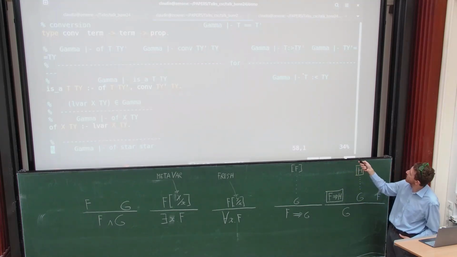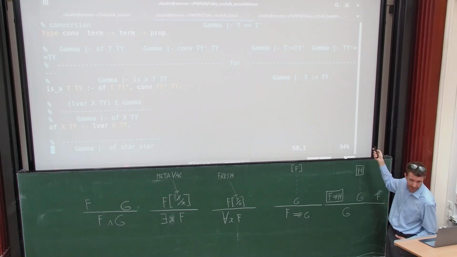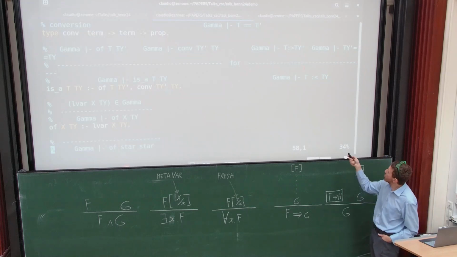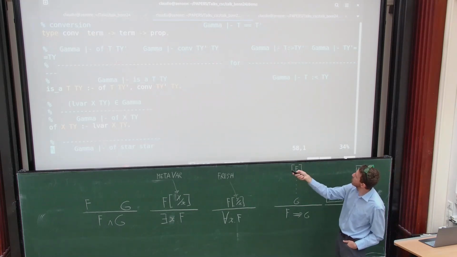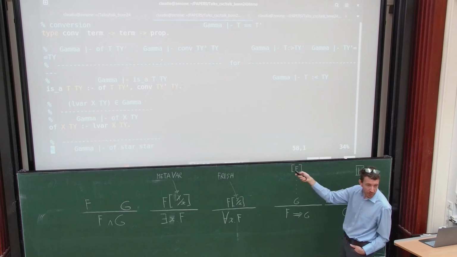To check that t has type ty, I infer a type ty' for t, and I check if ty' and ty are convertible. Just changing my notation here, this is of, this is conv, and this is isa. So it would be just this inference rule.